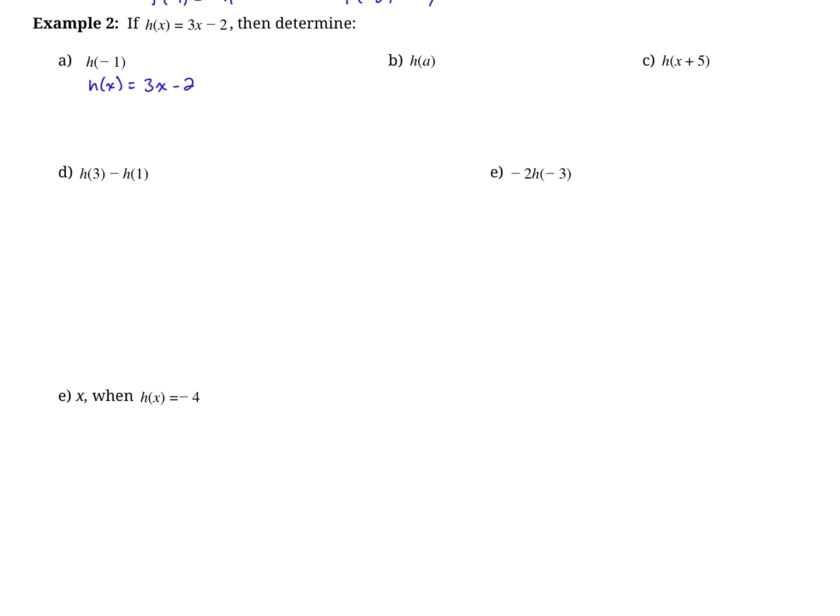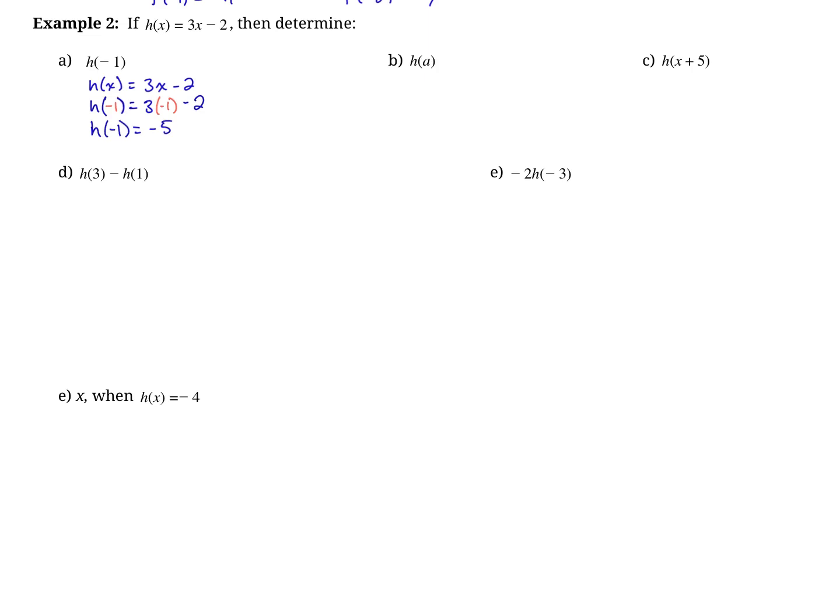We're going to replace that x with negative 1. So h at negative 1 is equal to 3 times negative 1 minus 2. So h at negative 1 is equal to negative 5.